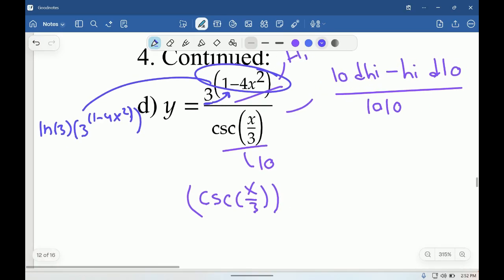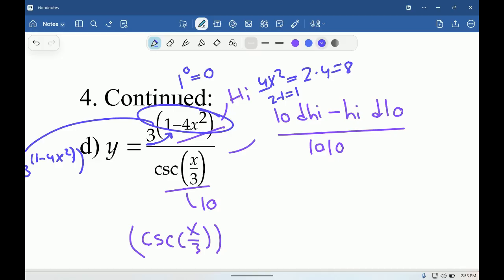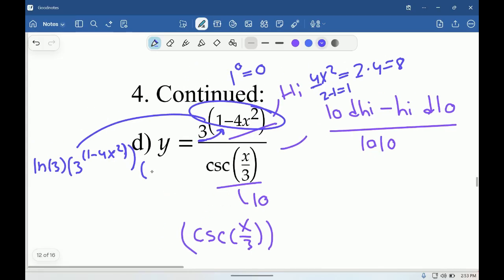And then we're going to have to find the derivative for the exponent, which for 1 is just going to be 0, but for 4x squared is going to be 2 times 4 equals 8, which is going to replace the 4, and then 2 minus 1 equals 1, so this is going to be negative 8x, because we have to remember the minus.